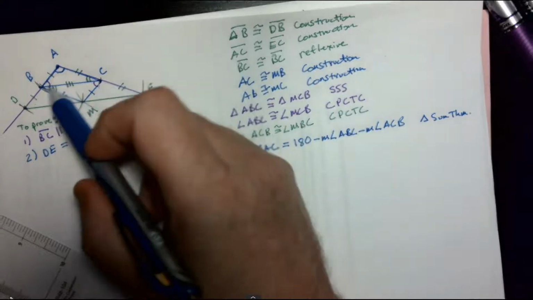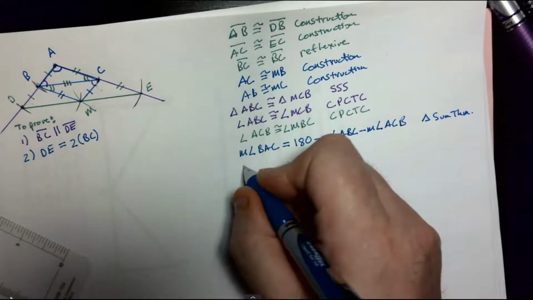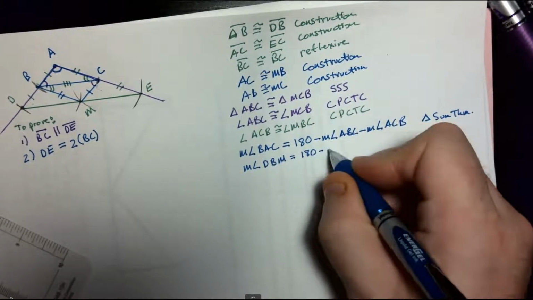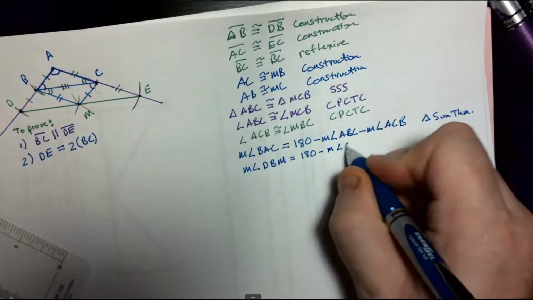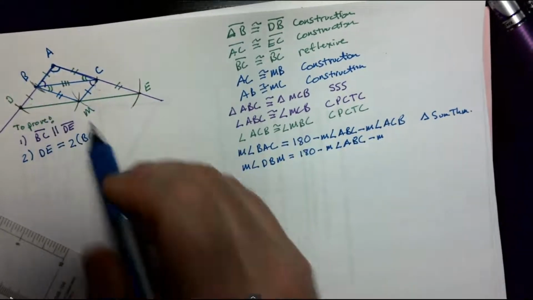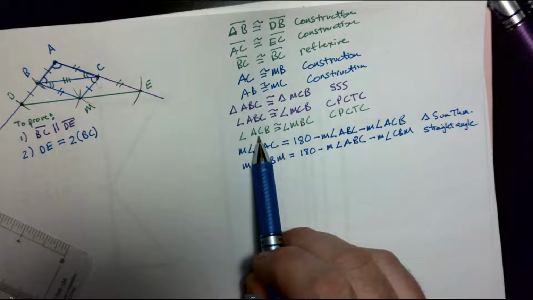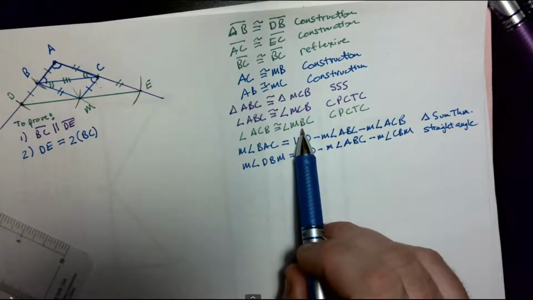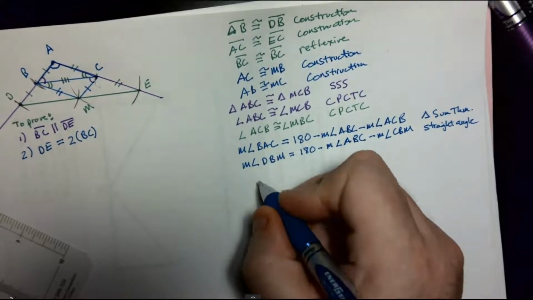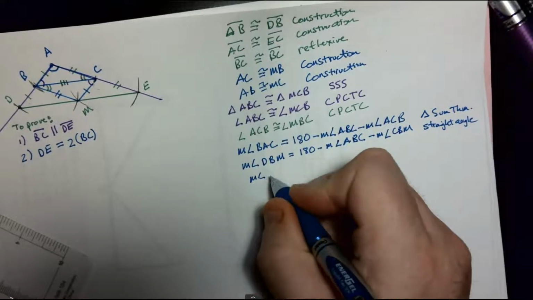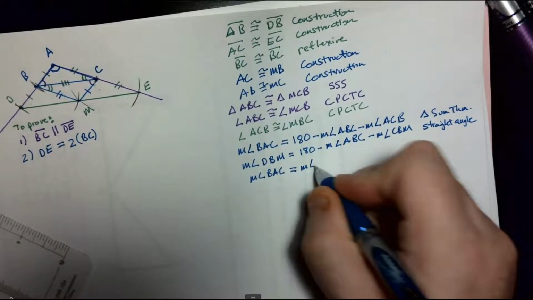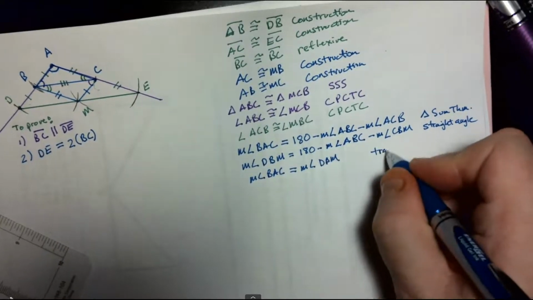From the definition of a straight angle, it follows that the measure of angle DBM is equal to 180 degrees minus the measure of angle ABC minus the measure of angle CBM. And as we've already shown, angle ACB is congruent to angle MBC or CBM. And so therefore, the measure of angle BAC is equal to the measure of angle DBM by the transitive property.